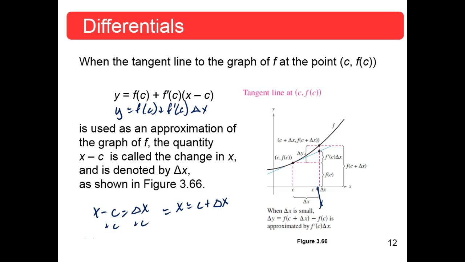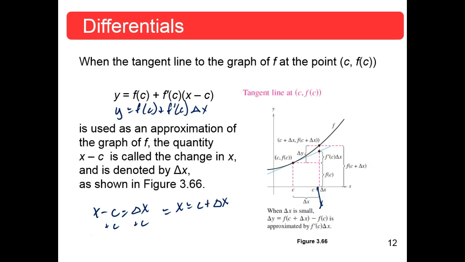So when delta x is small, this c plus minus c is small. That looks pretty big here. Then you're evaluating at this value of x. That's your x now. Well, that value is c plus delta x. So you have f prime times delta x, this change here.